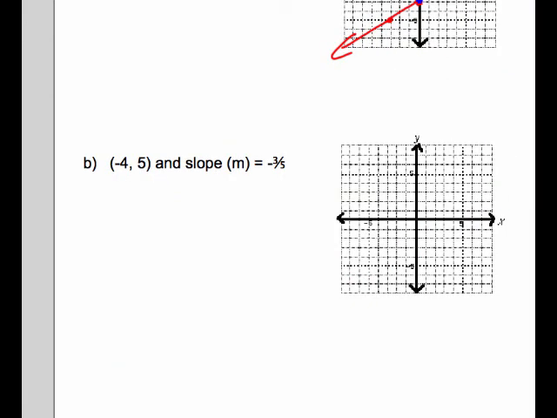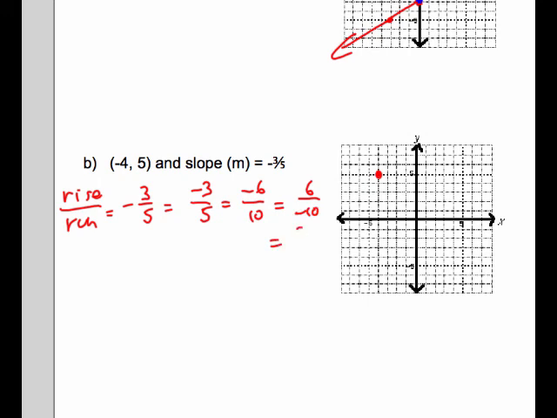Okay, here's another example. We have the point -4, 5, which is there. And our slope, our rise over run, is -3/5, which could mean a whole pile of things. It could mean the negative is on the top, or it's a multiple of that, or the negative is on the bottom.